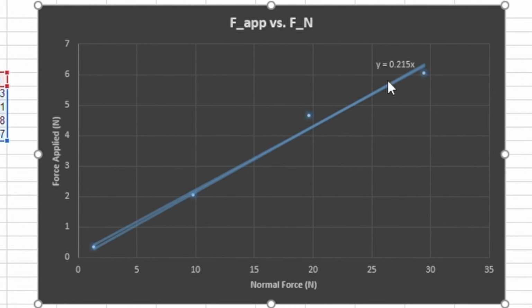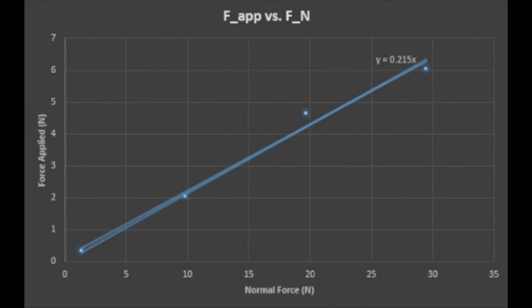In this case, the y corresponds to the applied force, and because of Newton's first law, this means that y corresponds to the kinetic friction force, equal to the slope of this trend line, and then the x corresponds to the normal force.